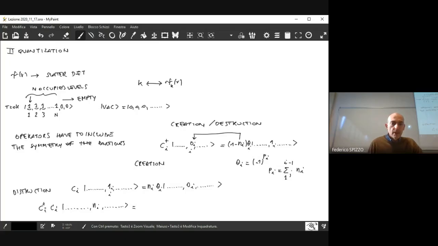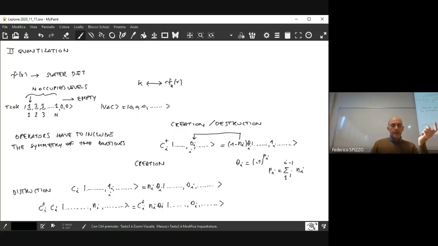The first operator that acts on the system is the destruction one. The destruction one gives me Ni, that is the initial occupancy, then theta I, and a state where here I have 0.